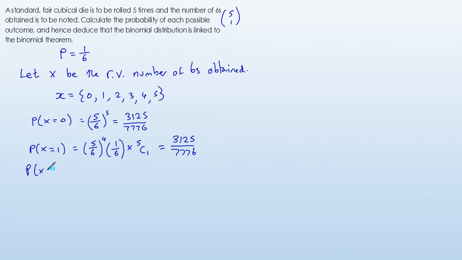Now for the probability of x being 2, clearly we're going to need 3 failures and 2 successes, and our 2 successes can come anywhere amongst the 5, so we're choosing 2 of 5 places.